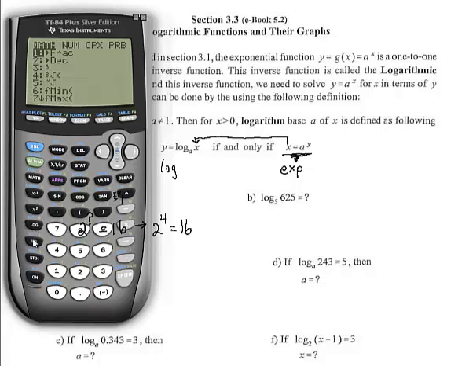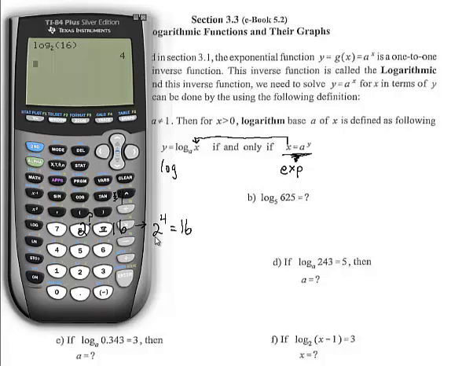We want a log base 2, so we go to the Math menu, select log base, hit enter, and then we can type in our own base. In this case it's 2, and then our argument of the log is 16, and we hit enter, and we get the same result as we did with the exponential form of the equation.